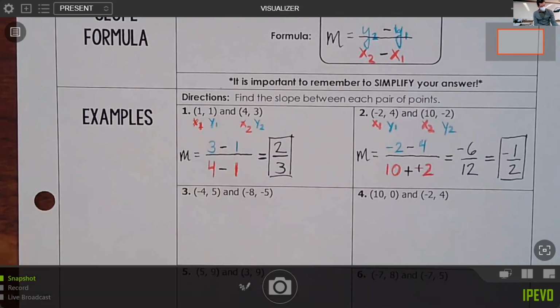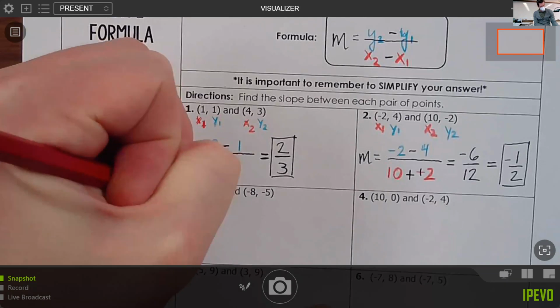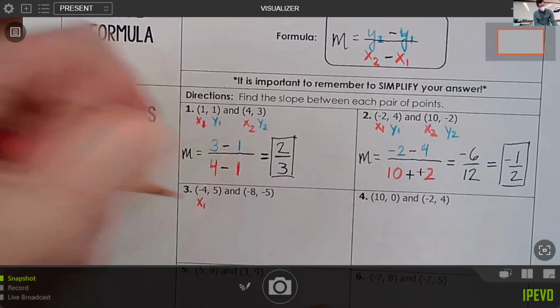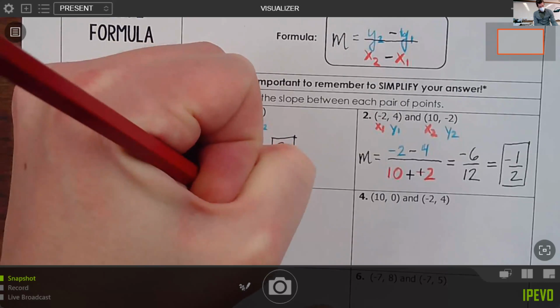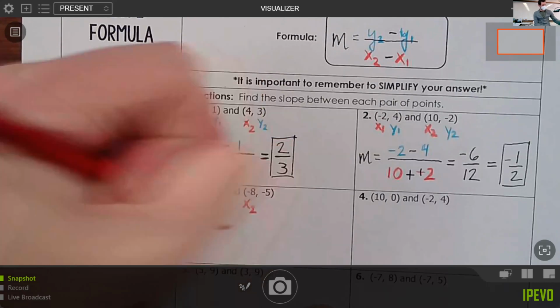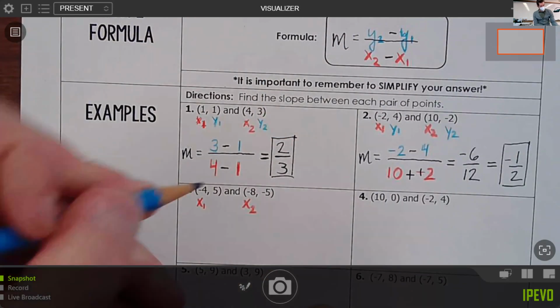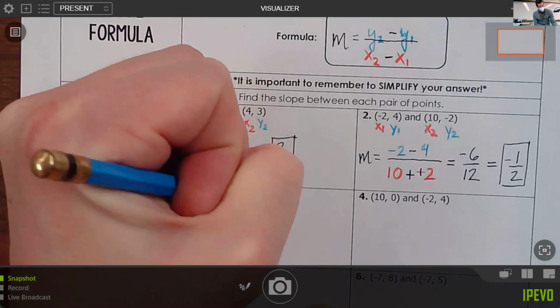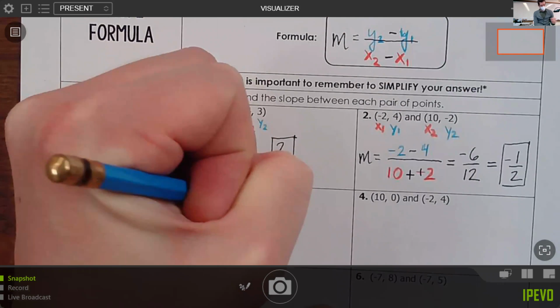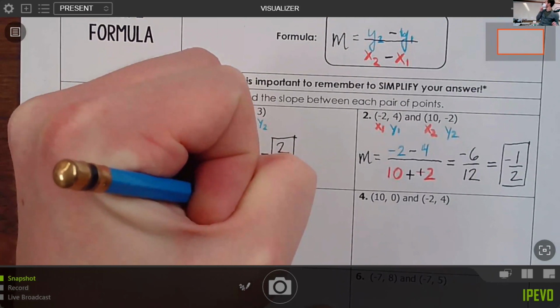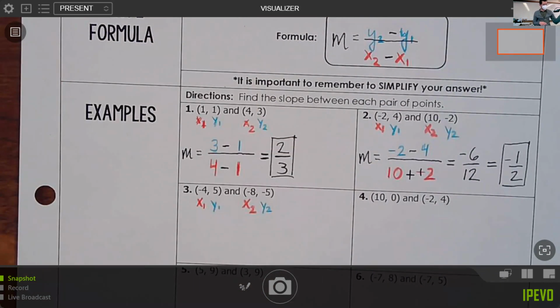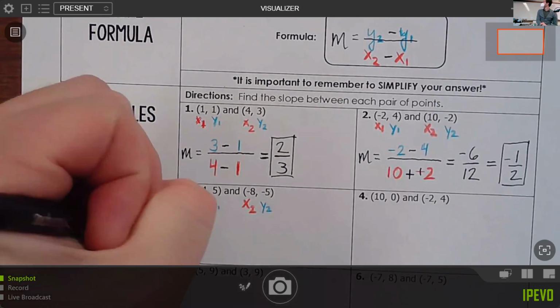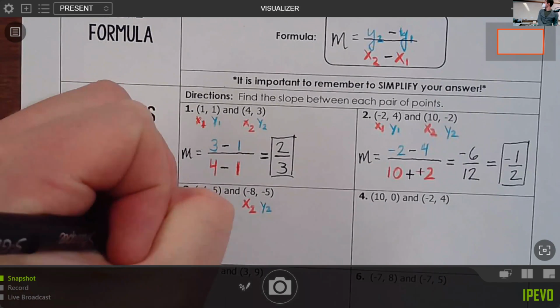So we have x1, the first number, -4 is x1. x2 is over here, -8. And for y1, the first y value is this 5, and the second y value is the -5, so there's y2. And then we're going to have our formula.